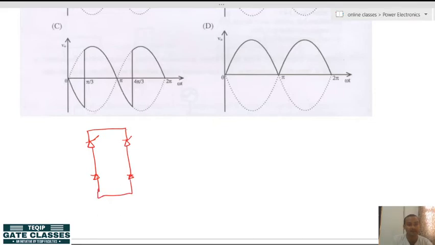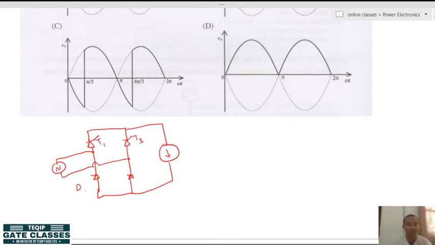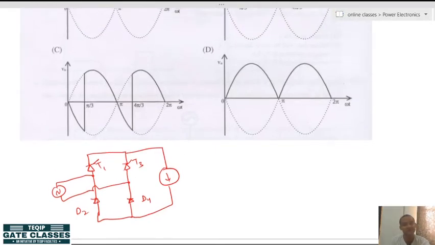Let us say this is the circuit, with T1, T3, D2, D4. Now what will happen? Suppose for the first half cycle you have given the firing pulse.